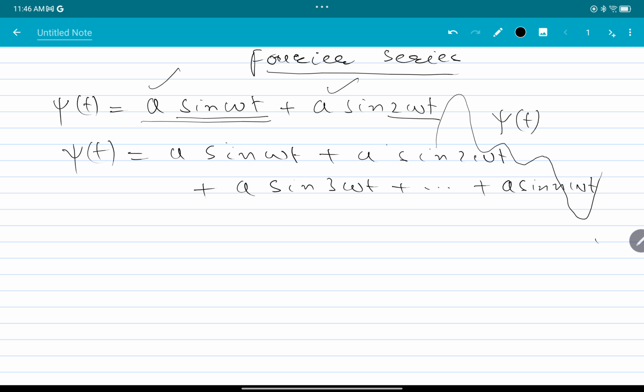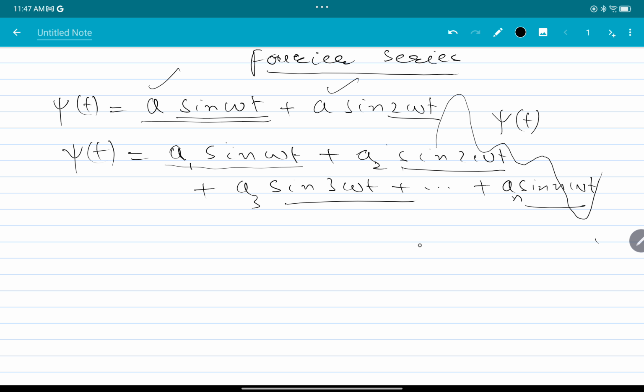The problem with this expression is that we have used the same value of amplitude for these different harmonics, which is not a must. It can be different, so I can write a1 for this, a2 for this, a3 for this, an for this.